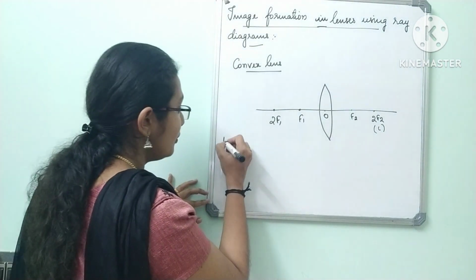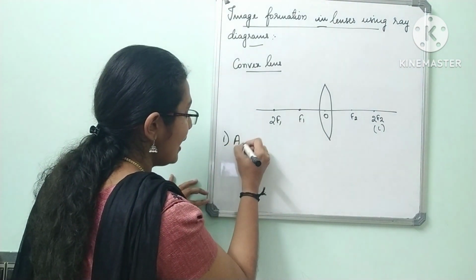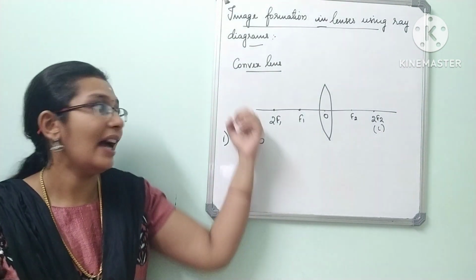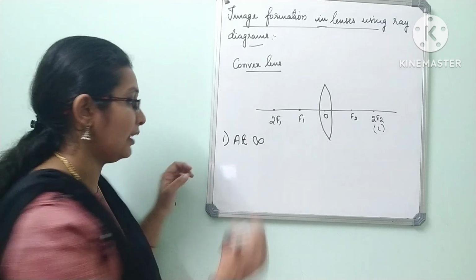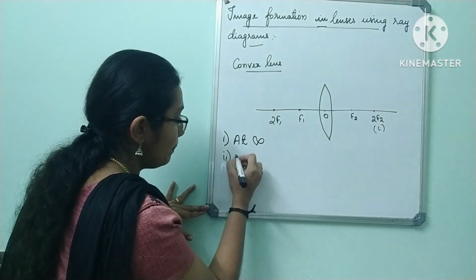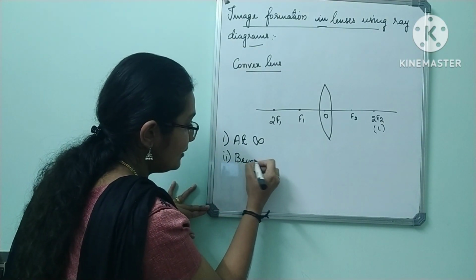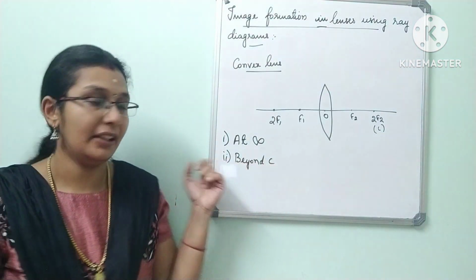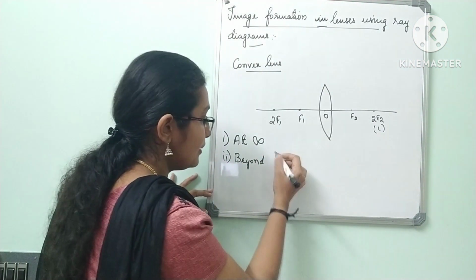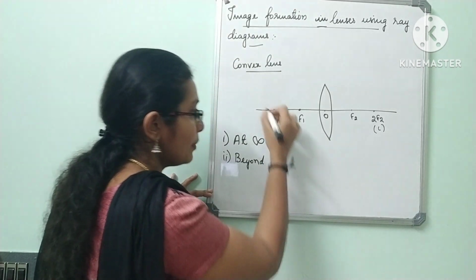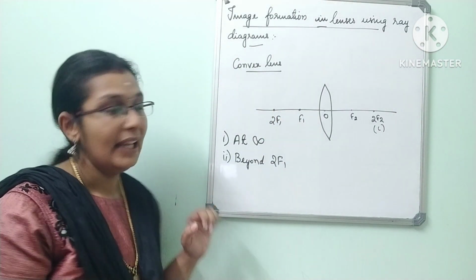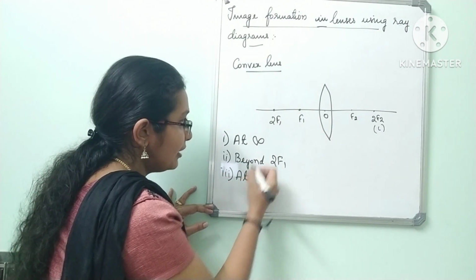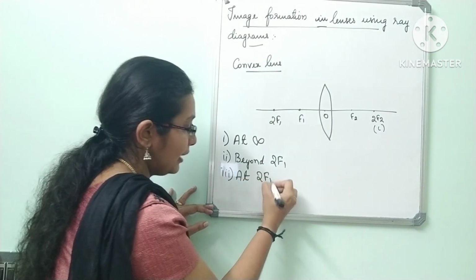In a mirror, what was the first position? At infinity, right? Similarly, in a lens also, at infinity is our first position. Then the second position was beyond C. Here, instead of C we are using 2F1, so we will name it beyond 2F1. We will place the object and see where the image is formed. Next is at C, so instead we use at 2F1.